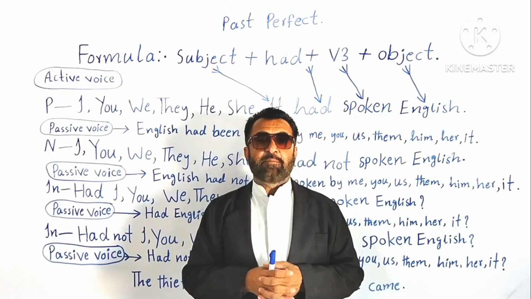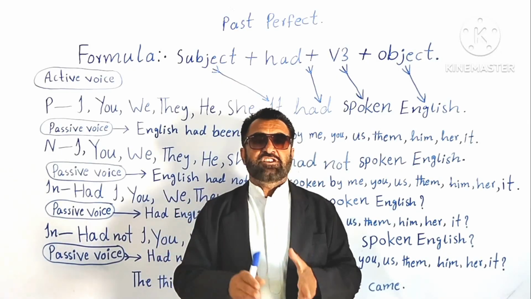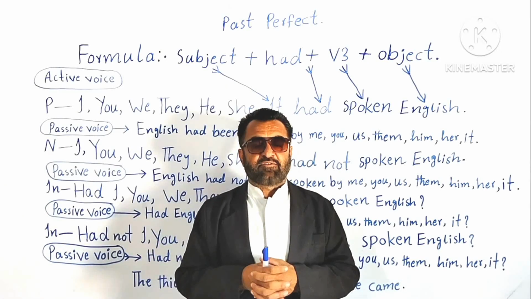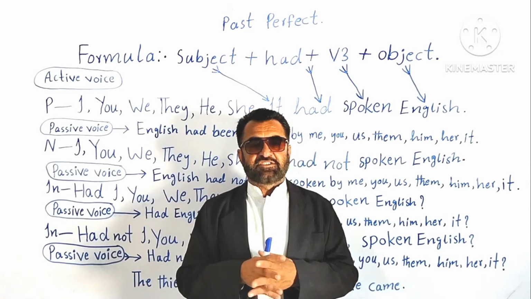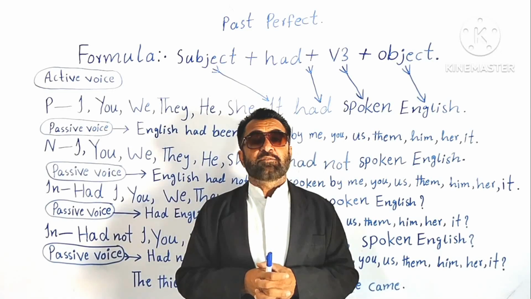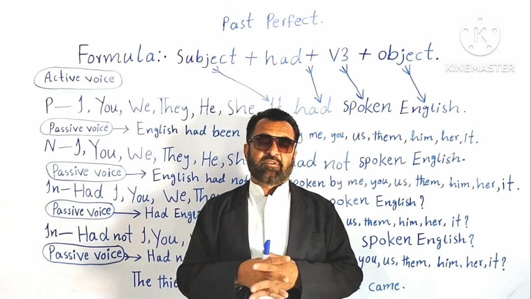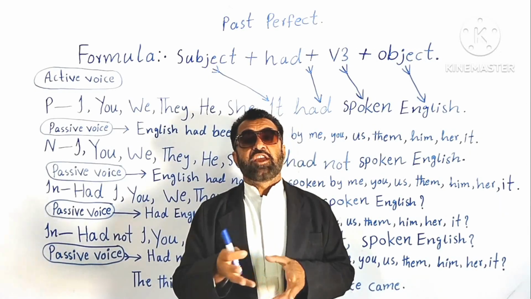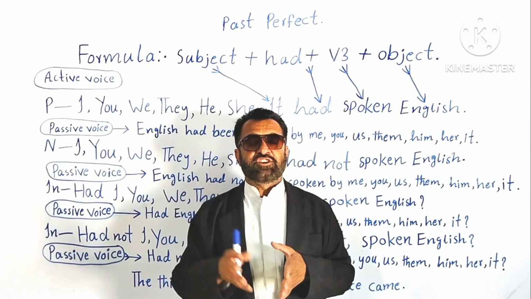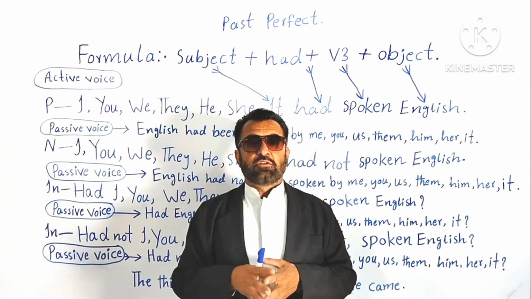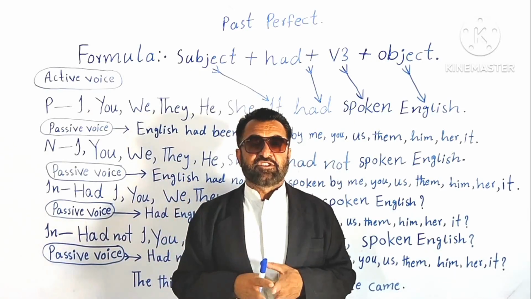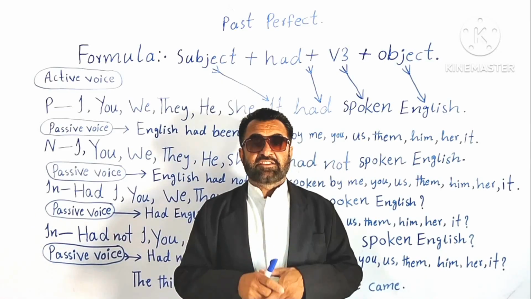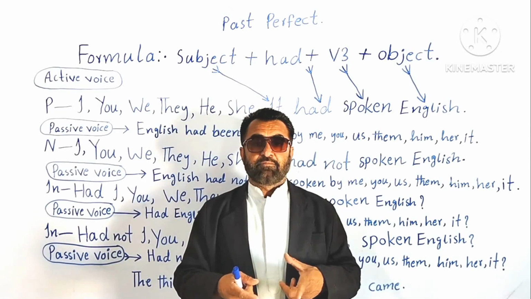I mean, active voice sentences are there in past perfect continuous, but not passive voice sentences. We cannot make passive voice sentences in past perfect continuous. Understood? So that's why we couldn't touch active voice and passive voice in my previous video. But in today's lesson, we are going to touch them. Understood?